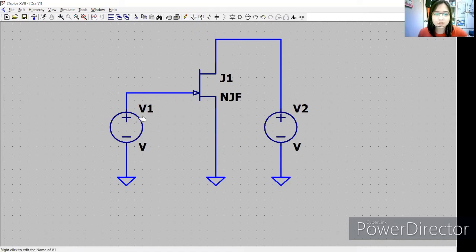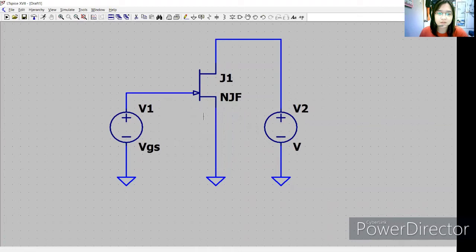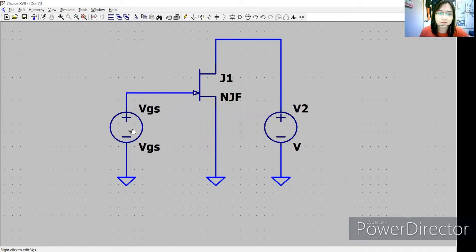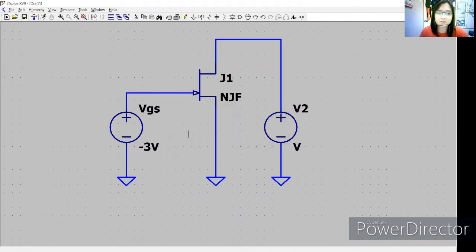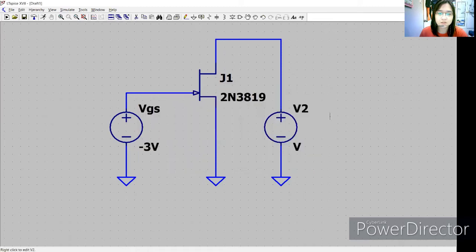And for our voltages, we will label V1 as VGS and set it to negative 3 volts. And for our N-channel JFET, we will take the model 2N3819 with the manufacturer Vishay.